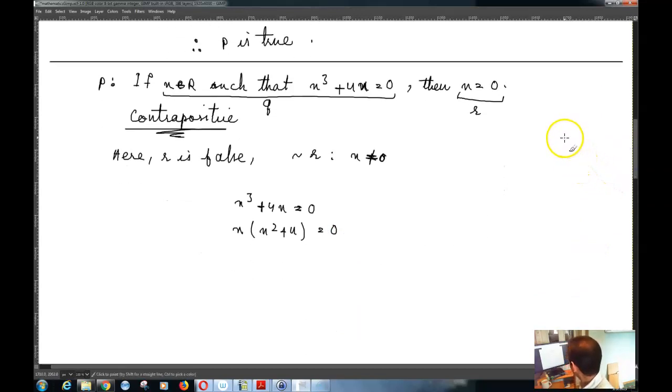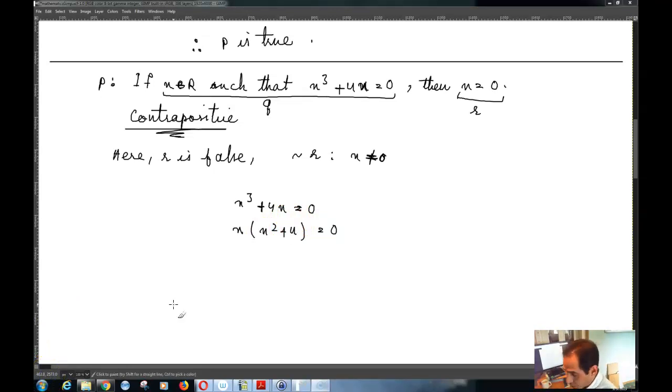To obtain the following statement, it can be seen that x squared plus 4 will always be positive. Let me read the solution myself, I don't understand it. Okay, so I got the solution.